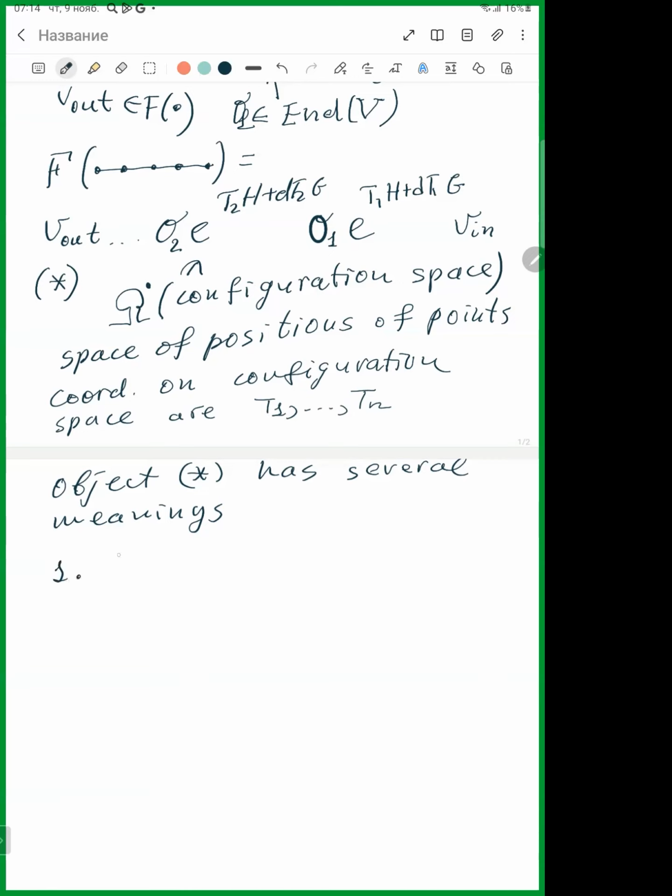Point one. Sometimes object star is an interesting problem. Okay, sorry, not object star. Object star at a differential. I'm sorry.